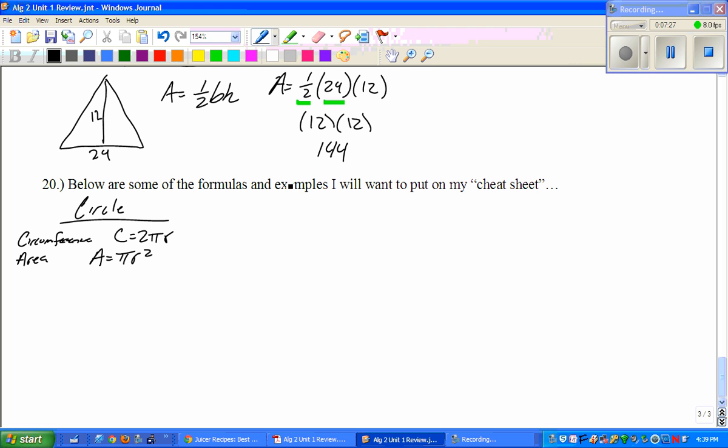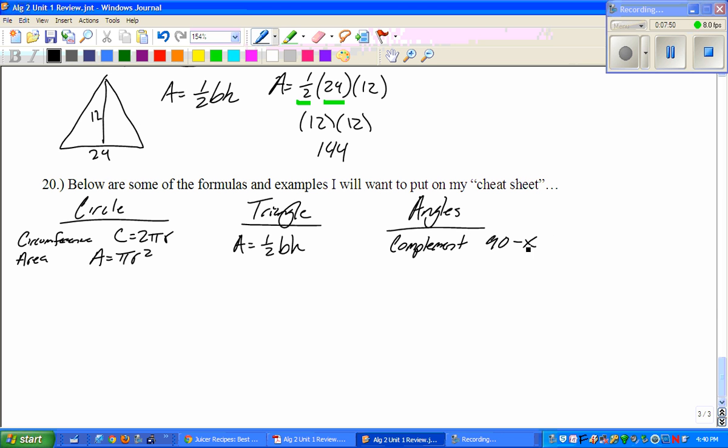The area of a triangle is 1/2 base times height. And we also talked about some stuff about angles. The complement is 90 minus x, and the supplement is 180 minus x. On this review, those were the main ones that we talked about.